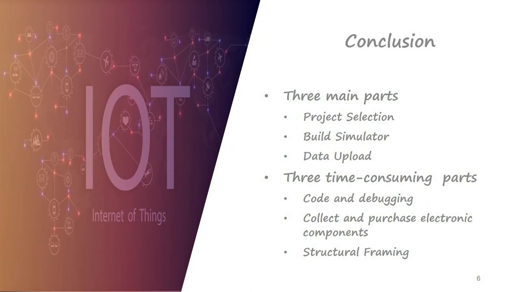Second, build the simulation equipment. And the third, upload the data. Here are the 3 most time-consuming parts. First is the code and the debugging. The second, the collection and the purchase of necessary electronic components. And the third, the conception of the project.